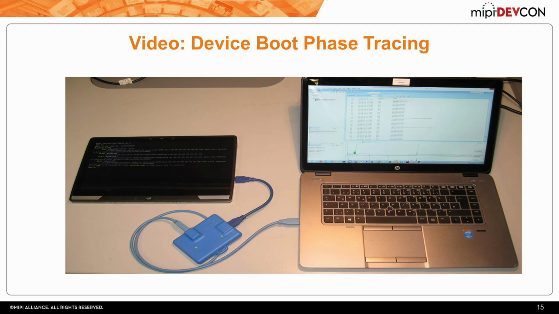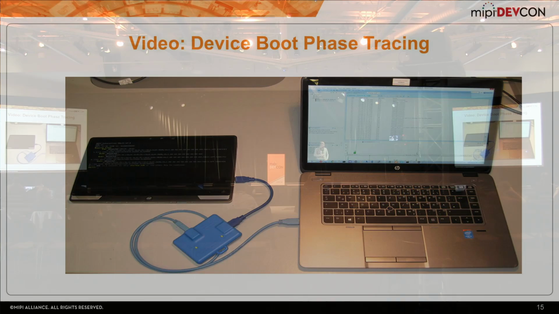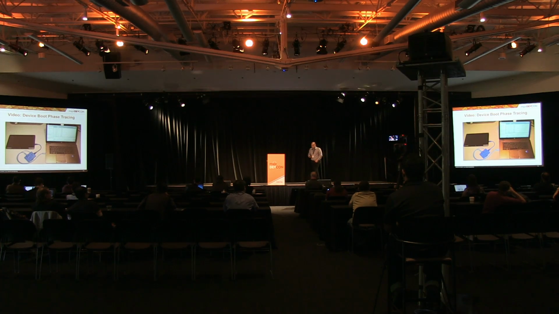So you don't need any expensive probes anymore with USB Type-C. Here, it's an either-or solution, so we need the probe. And on the development system, you can see here the trace messages as they got recorded during the platform boot.